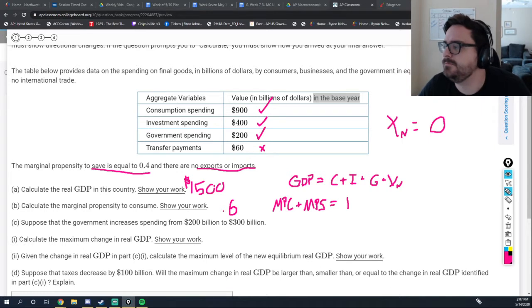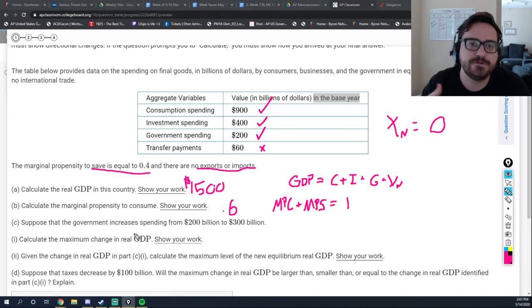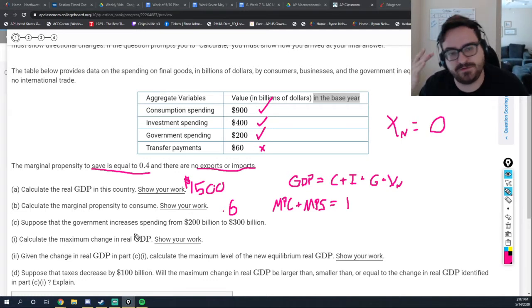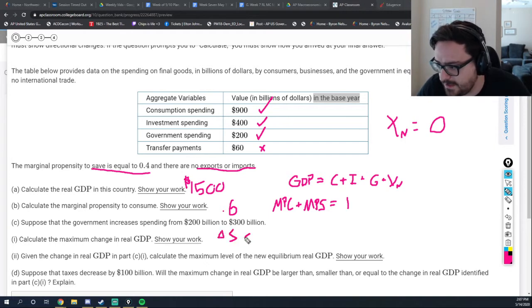Interesting. So, what's my maximum change in real GDP? Well, if we increase government spending by 100 billion, and whenever you hear maximum change, you've got to start thinking multiplier effect. That's a key word that maximum ties into the multiplier. The multiplier effect formula was always, there's this change in spending times the multiplier that'll equal your change in GDP.